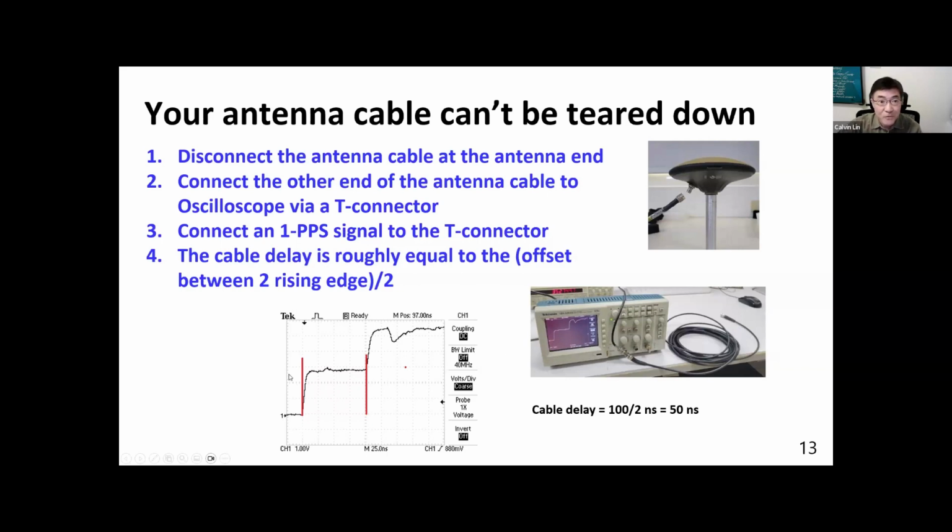So we can find two rising edges. Between the two rising edges is the time the signal passes through your antenna cable and reflects back to the oscilloscope. So the cable delay you can roughly get by dividing by 2. So that's another tricky way if your antenna cable cannot be taken down.